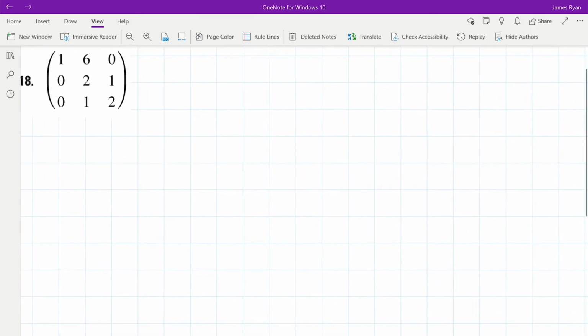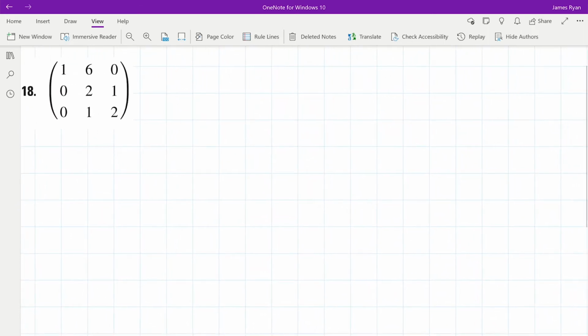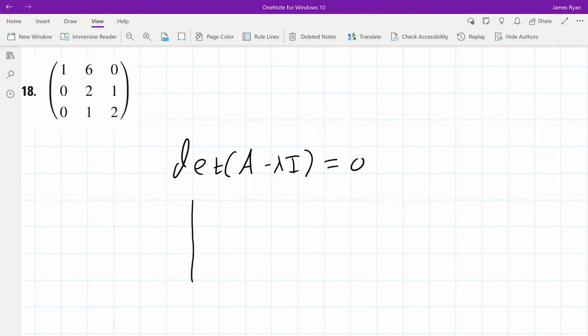We know we can find the eigenvalues by finding the characteristic equation from the determinant. So the determinant of the matrix A minus lambda I is 0, and A minus lambda I is going to be 1 minus lambda, 6, 0, 0, 2 minus lambda, 1, 0, 1, 2 minus lambda.